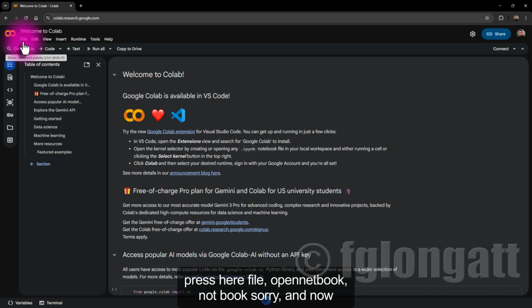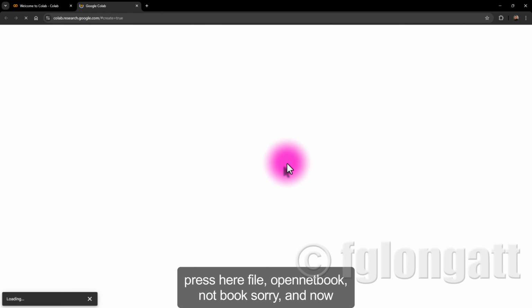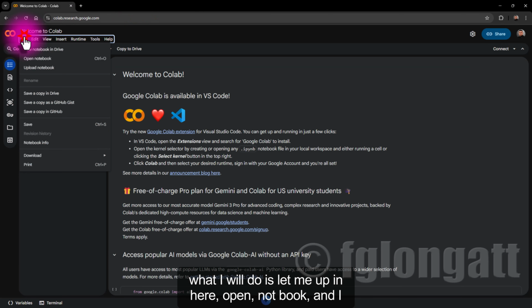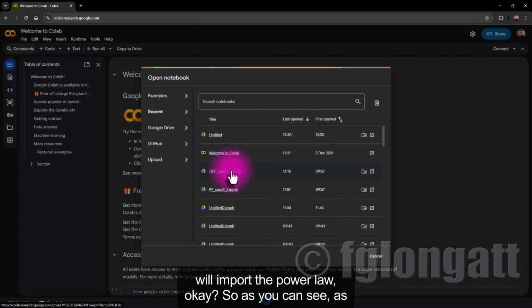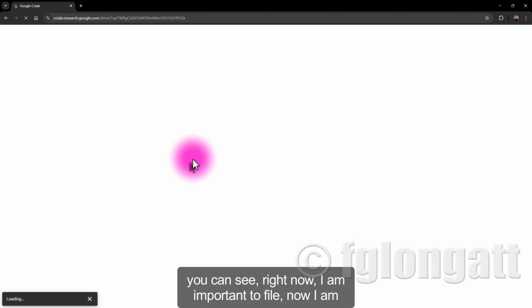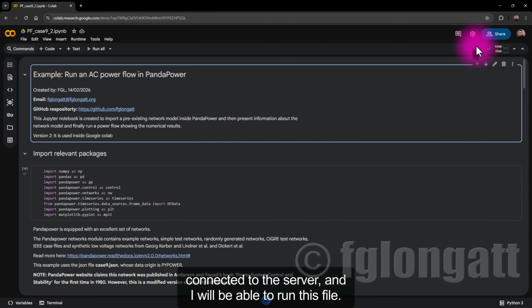I will press here, File, Open Notebook, and I will import the power flow, okay? So as you can see right now, I am importing the file. Now I am connected to the server, and I will be able to run this file.